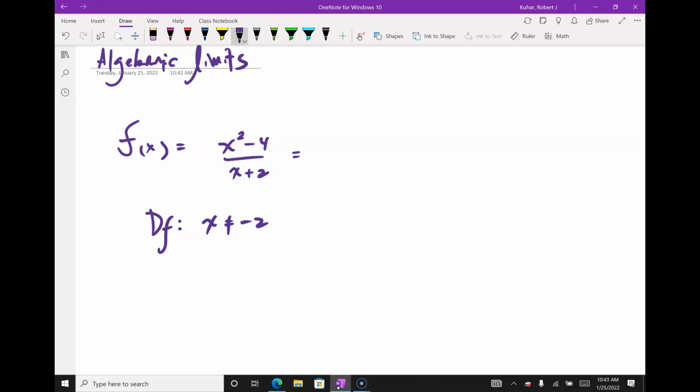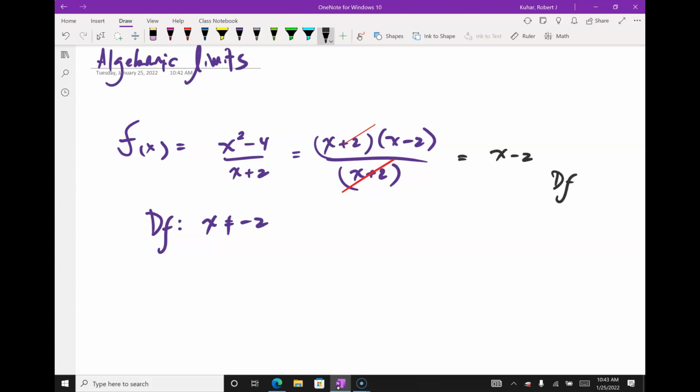And this function can be simplified, right? Yes, you with me? So those x plus 2's really can cancel, right? But I can only say this is equal to x minus 2. This is still equal to the original function as long as I consider that domain. I'm not allowed to plug in negative 2 for it to be f of x.